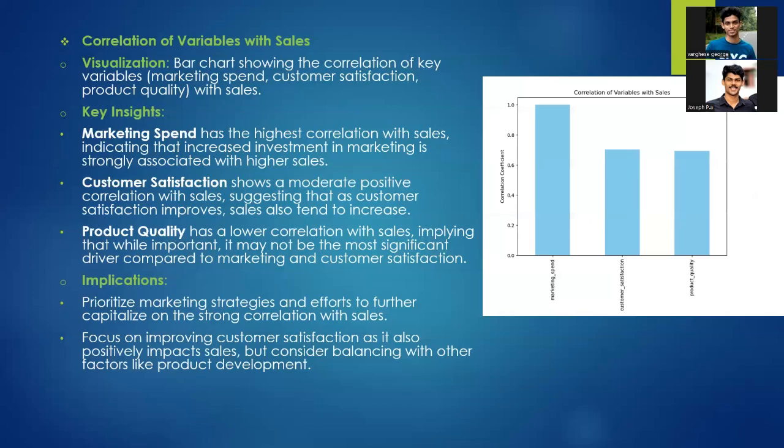Based on these insights, we recommend prioritizing marketing investments and customer satisfaction initiatives for maximum impact. That's what is on the slide: the key insights like the marketing spend, the customer satisfaction, product quality, and mainly the season. On to the next slide.